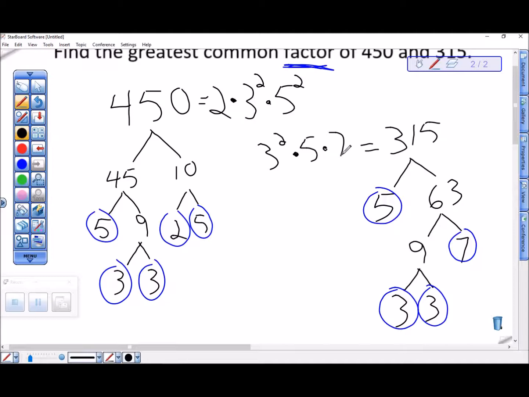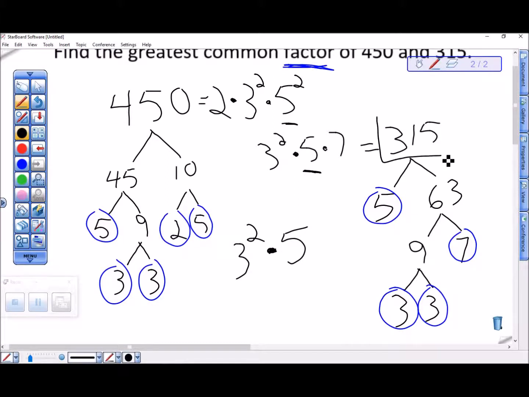Now, if I look at those two prime factorizations, notice they each have a 3 and it's to the second power, so 3 squared. And then notice they each have a 5, but only this one has a 5 squared. This only has a 5. I can only take the 5, and the reason it should be obvious is 5 squared is 25.